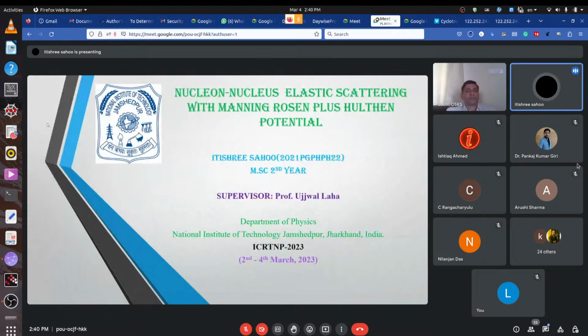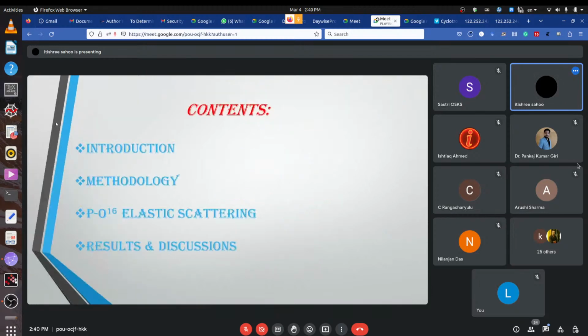Yes. So I'm Itishri Sahu, and I'm doing my MSc second year under the supervision of Professor Ujjwal Lahasar, and my topic is nucleus elastic scattering with Manifold plus Woods-Saxon potential. So the contents are given below.